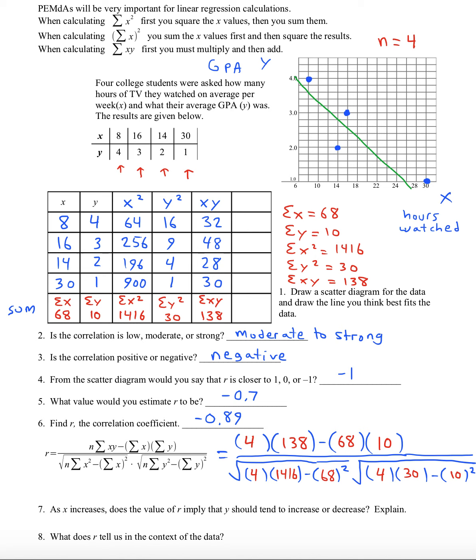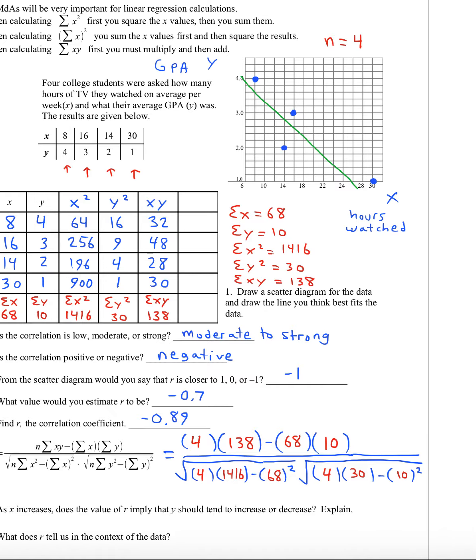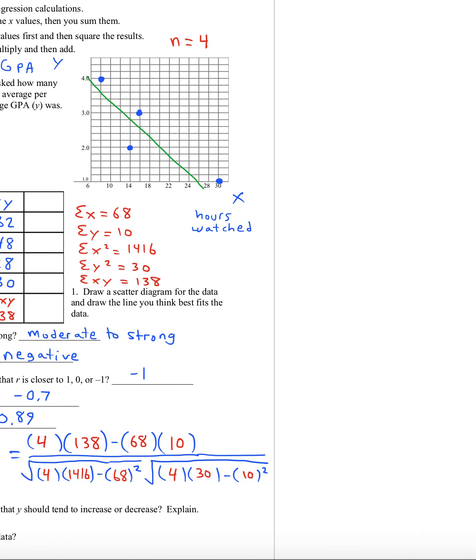So when you're calculating this on your calculator, I recommend just doing the numerator first, getting a number, and then writing that down separately. It's negative 128.